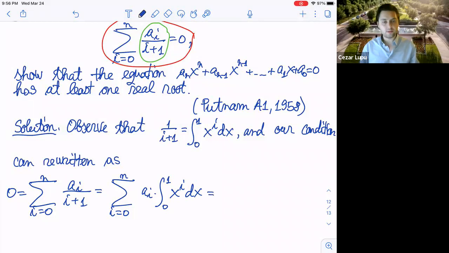We know that this is a finite sum, so it will commute with the integral since the integral is additive.